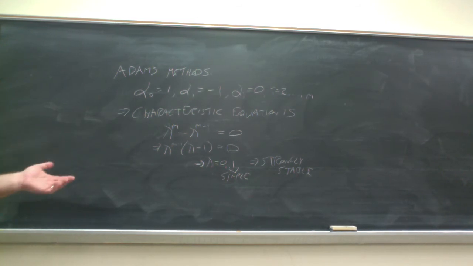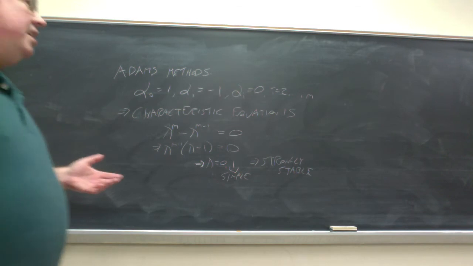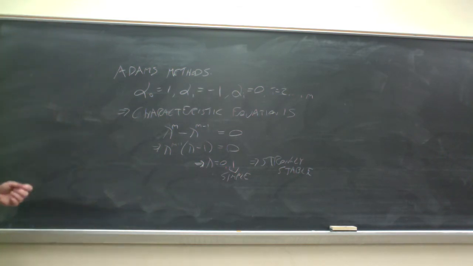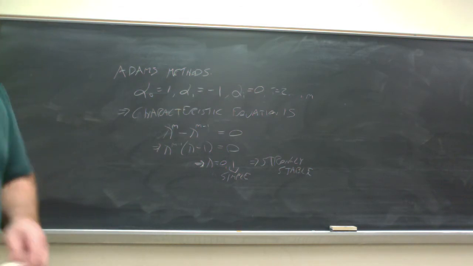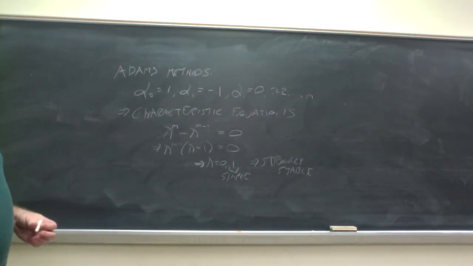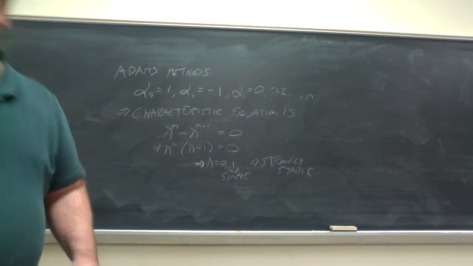BDFs, the backward differentiation formulas, that's a different story. I think if m is greater than 6 or something, they're unstable. So lower order BDFs are very commonly used. They play a role in some of MATLAB's ODE solvers, but you can't go to arbitrarily high order with those, unfortunately.